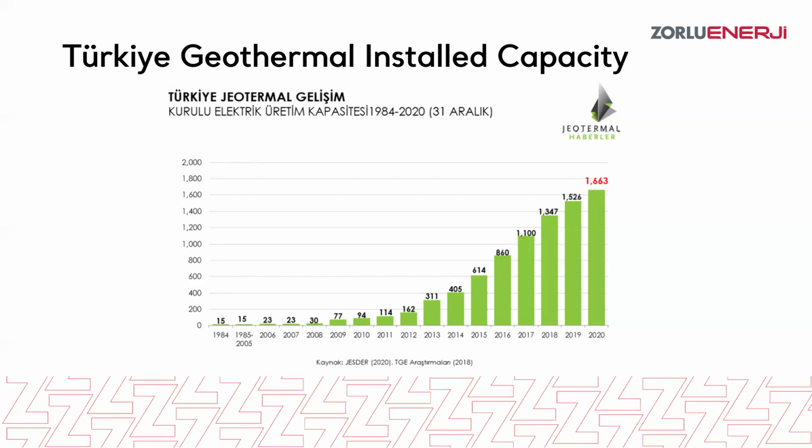And now geothermal is a key contributor to our energy production at the moment. Not with that high numbers, but it's a secure production resource in terms of electricity generation.